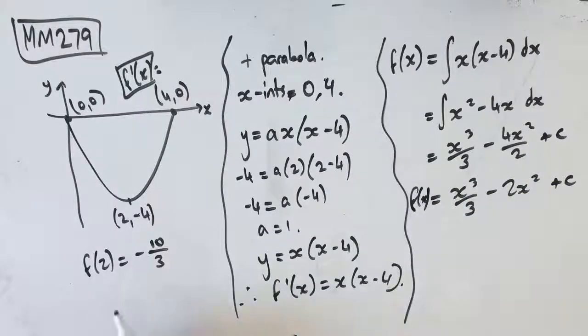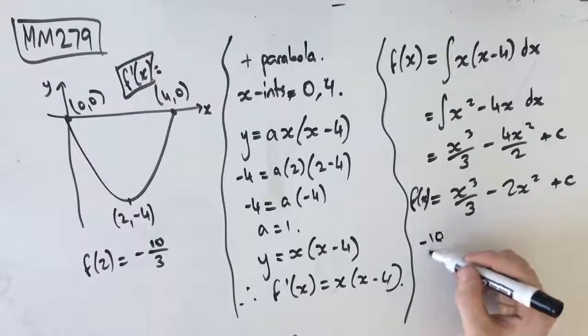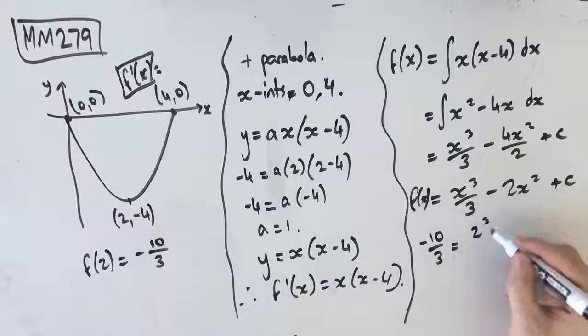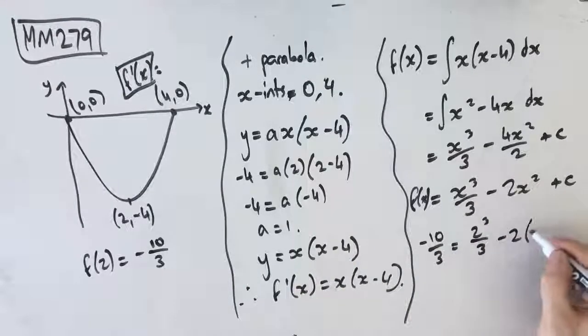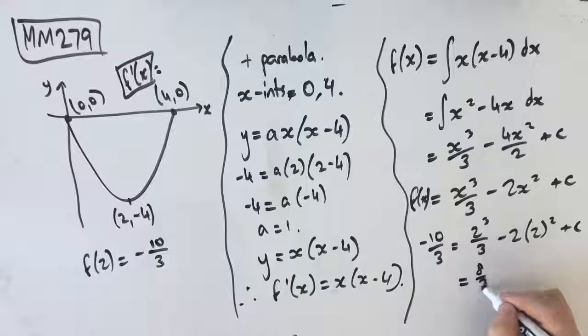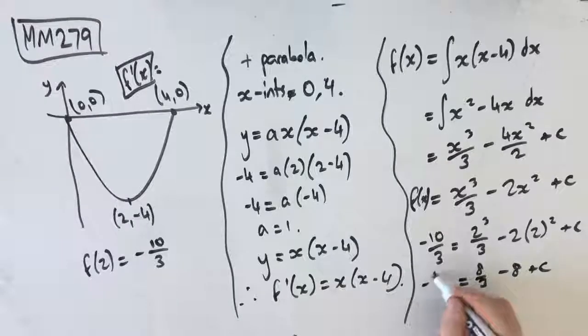Now, we know that f of 2 is equal to negative 10 on 3, so that's going to allow us to find this value of c. So negative 10 on 3 is equal to where our x value is 2, so 2 cubed over 3 minus 2 squared plus c. And then from here we get 8 on 3 minus 8 plus c, which gives us a value for c of 2.